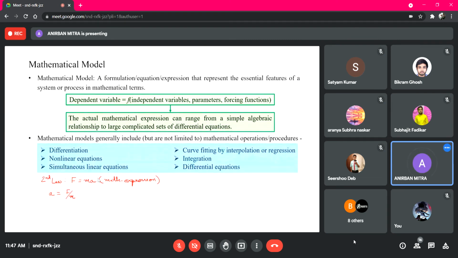But of course, this acceleration can be represented like this: rate of change of velocity with respect to time equals F by m.